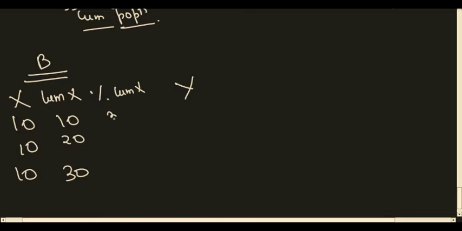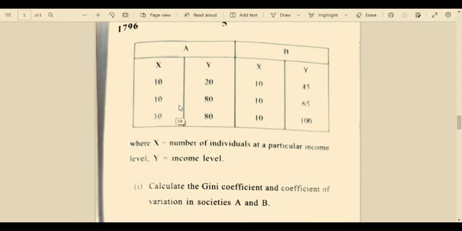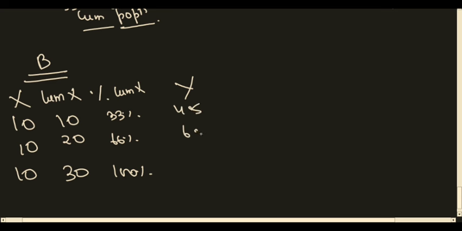Cumulative X, we take 33%, 66%, and 100%. Then Y, we have 45, 65, and 100. Then cumulative Y, we get 45, 110, 210.